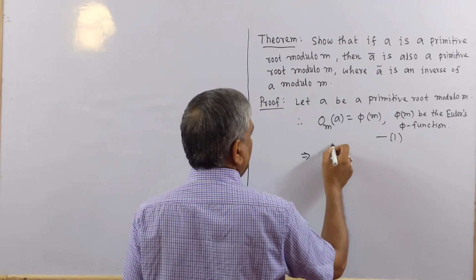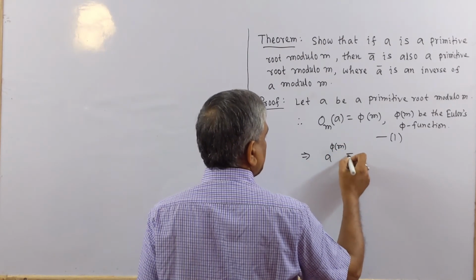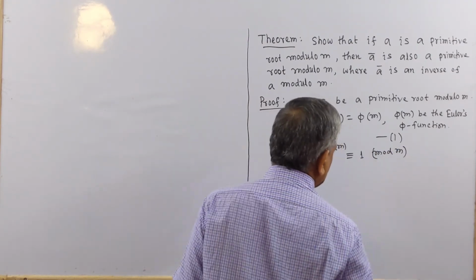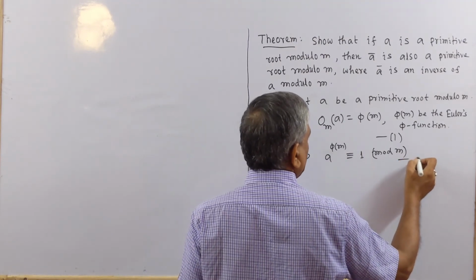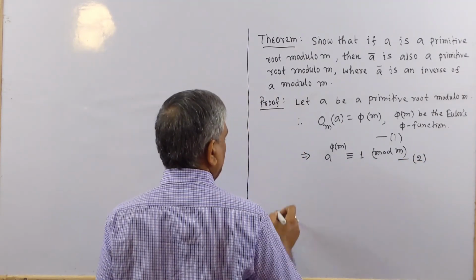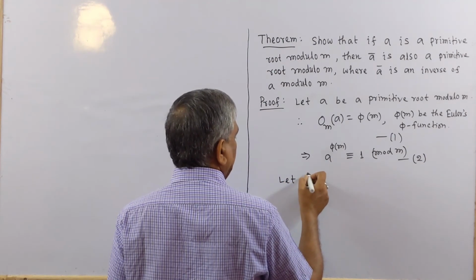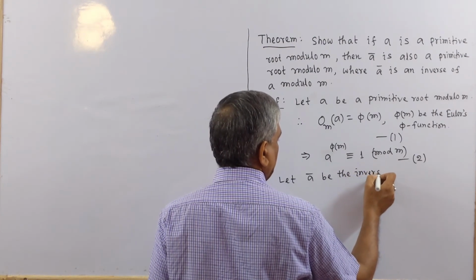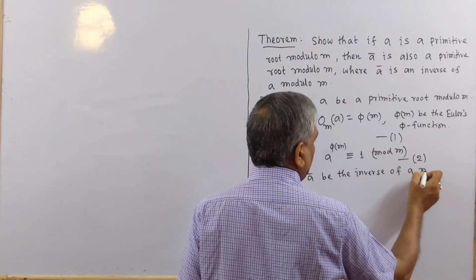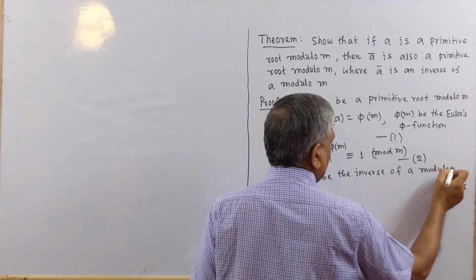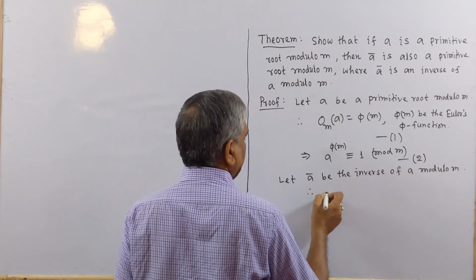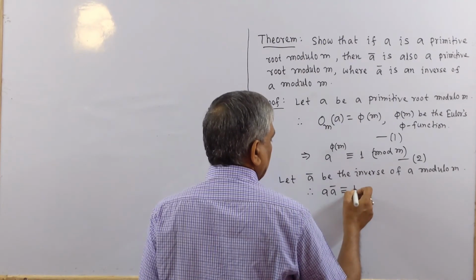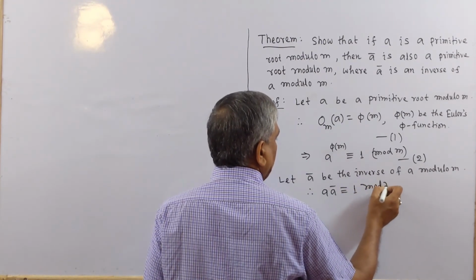Implies that a to the power phi m is congruent to 1 modulo m. This is number 2. Let a bar be the inverse of a modulo m. Therefore, a multiplied by a bar is congruent to 1 modulo m.